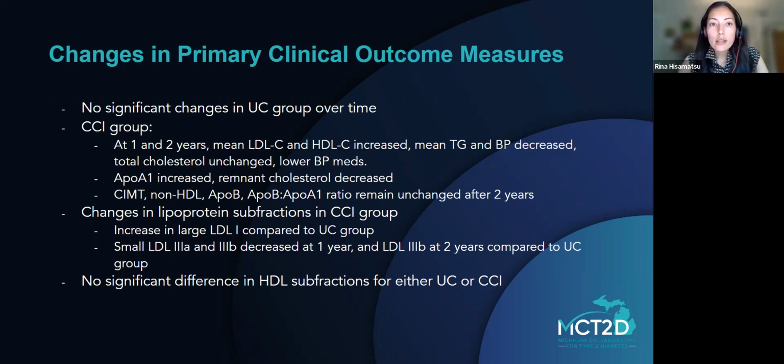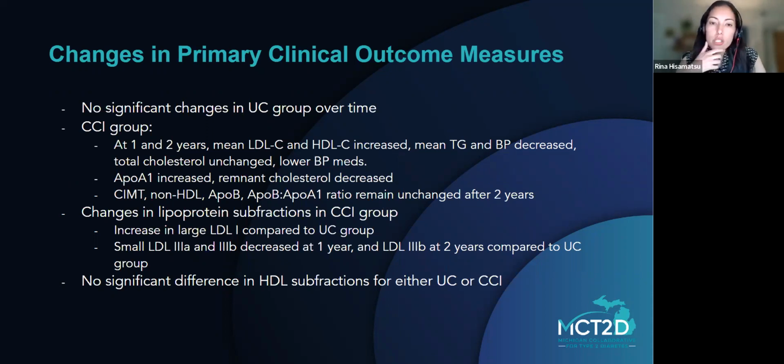In addition, their apolipoprotein A1, ApoA1, increased. ApoA1 is the primary protein component in HDL cholesterol. Remnant cholesterol remained decreased. CIMT, non-HDL, ApoB, which is the primary protein component in LDL, and the ratio between ApoB and ApoA1 remained unchanged after 2 years.